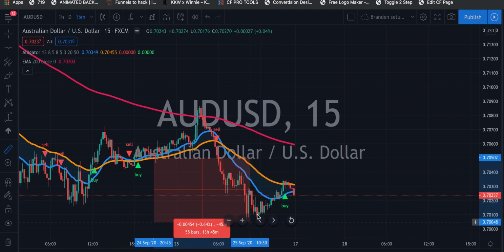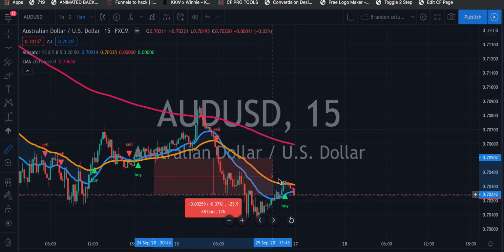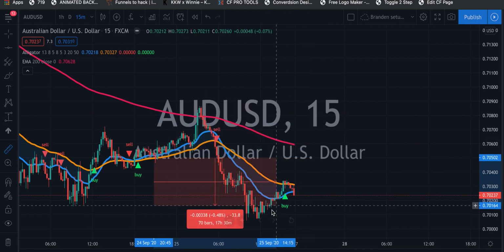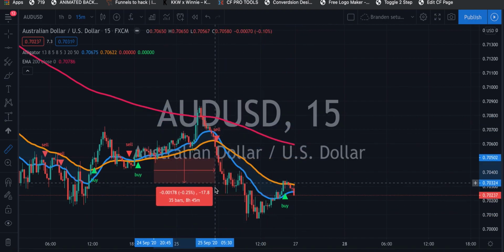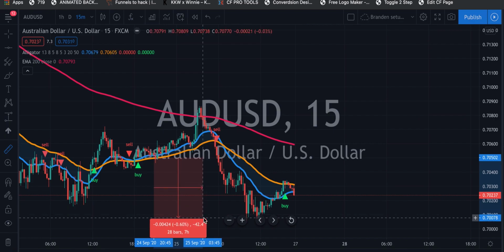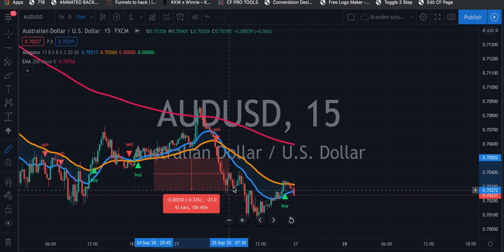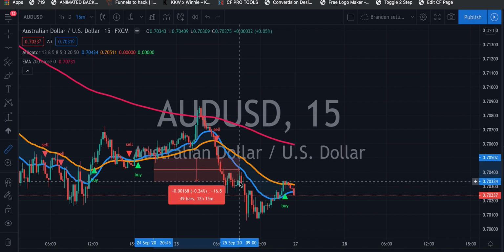As soon as it retraced from here to here, I won the trade. It didn't have to come all the way up here for me to win the trade, because it opened up a 0.12, a 0.14, and a 0.16. The 0.16 and the 0.14 came up, hit TP, and the 0.12 and the 0.10 lost. But it was such a small loss compared to the bigger lot size, it doesn't matter.